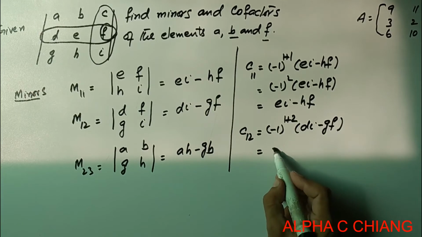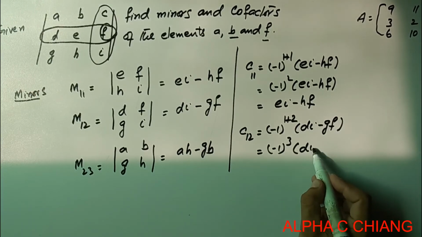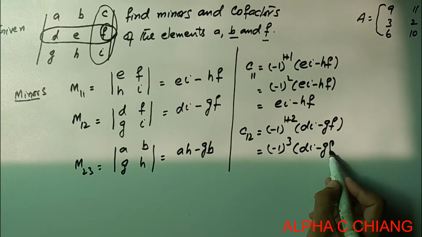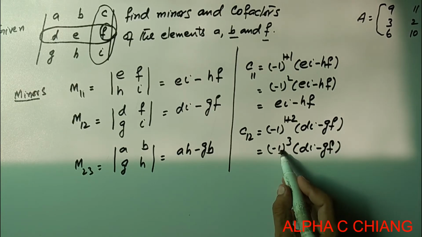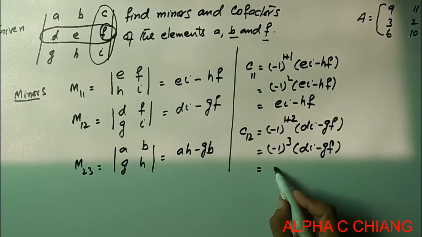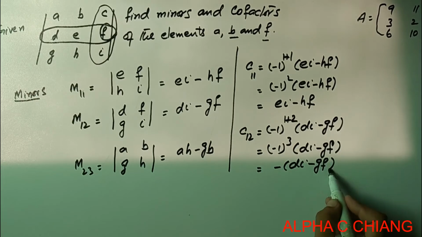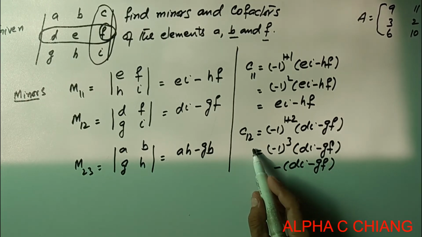So this will be minus 1 raised power 3 and DI minus GF. So the result will be minus DI minus GF. So this will be the answer of C12.